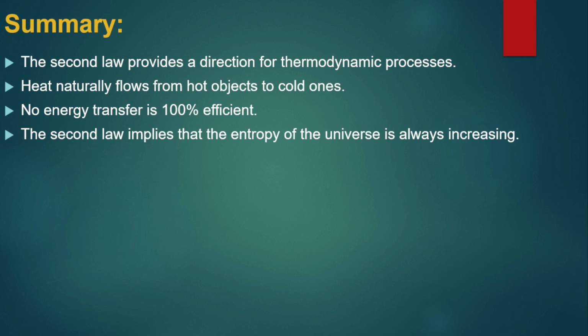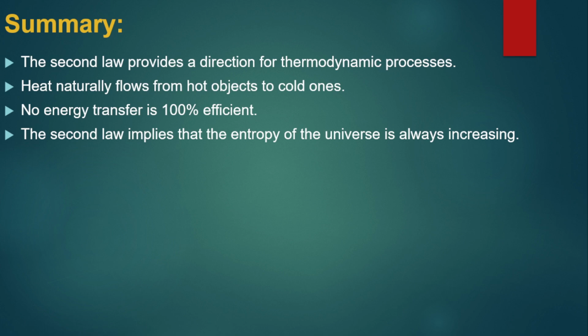Now the summary of this session: the second law provides the direction for thermodynamic processes, because we know that heat flows from higher to lower. If some external work is required, it shows the direction, and on that basis the second law is called the directional law. Heat naturally flows from hot objects to cold ones.